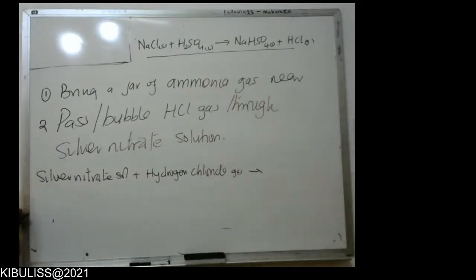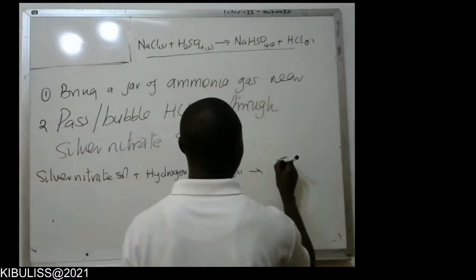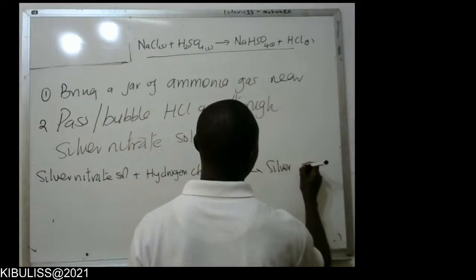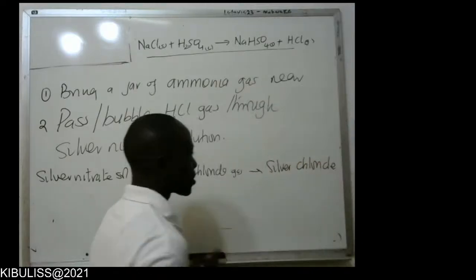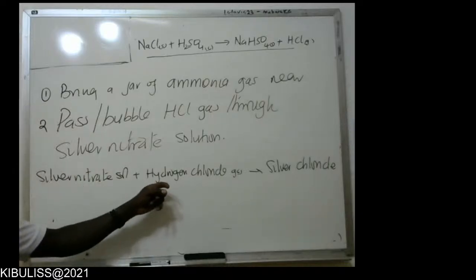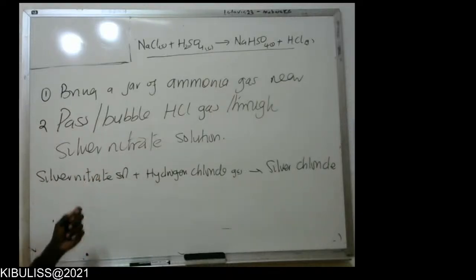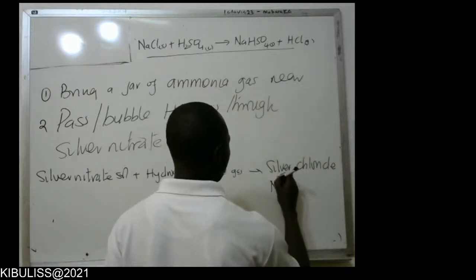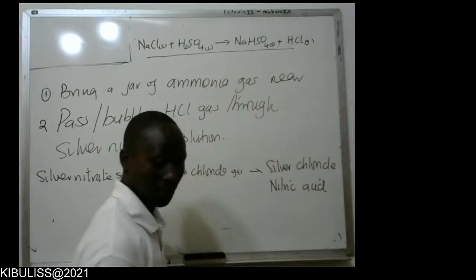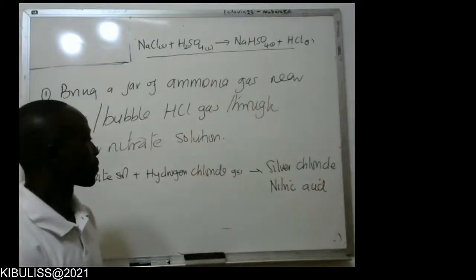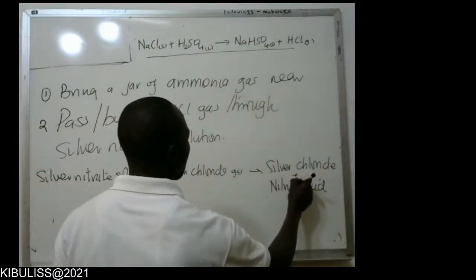We obtain a compound called silver chloride. And from your chemistry of senior 2, you know what silver chloride is, an insoluble substance. Then the hydrogen ions will react with nitrate ions to form nitric acid. So these will be the products of formation.